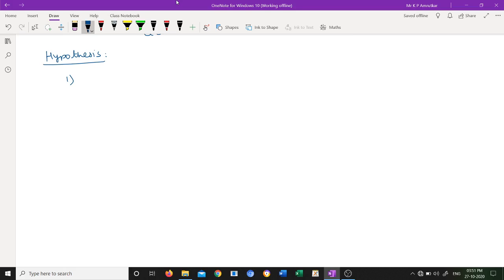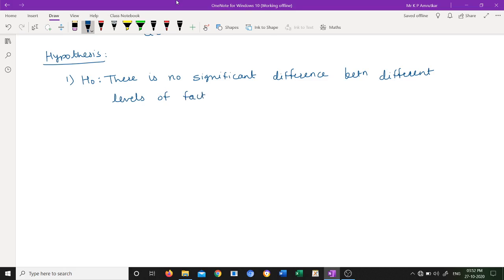The first one is for factor A and the second one is for factor B. Now the first hypothesis is H naught: there is no significant difference between different levels of factor A, versus H1: at least two levels of factor A differ significantly.